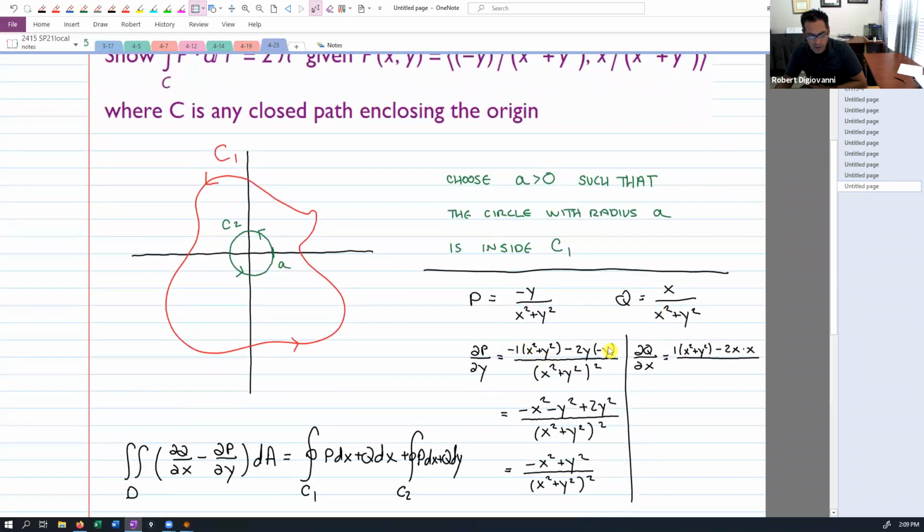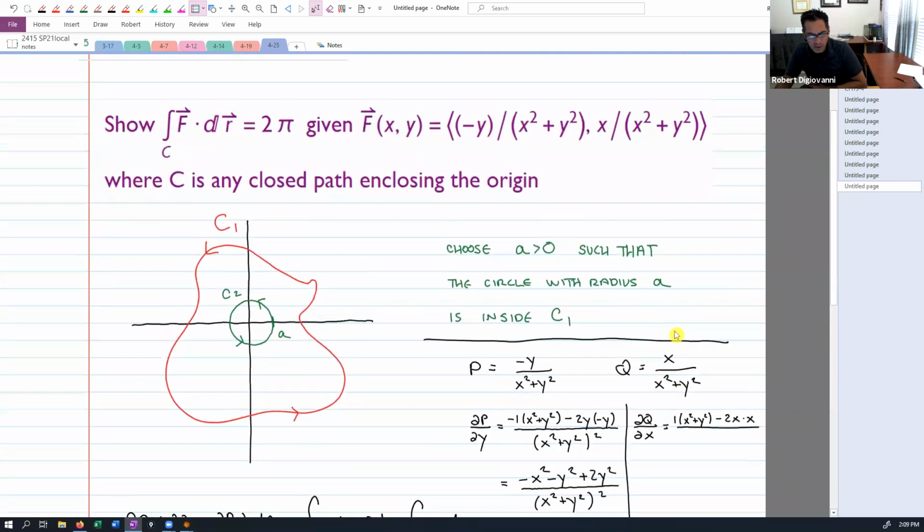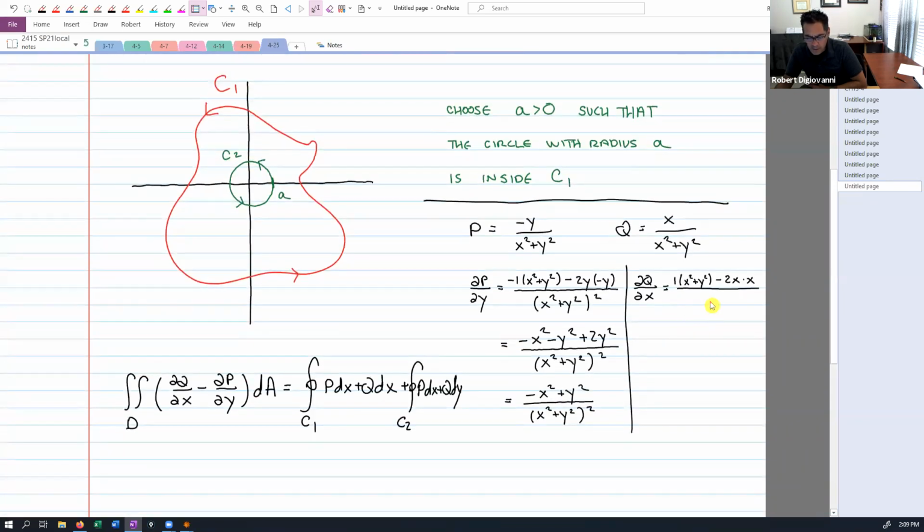P with respect to Y, Q with respect to X. Yeah, I'm doing this right. Yeah, okay, so let's see, all over the bottom squared, which is, do y'all see what it is? What does all that become?